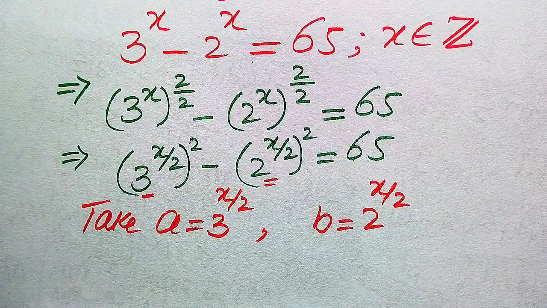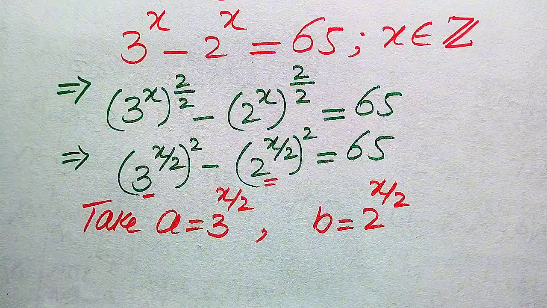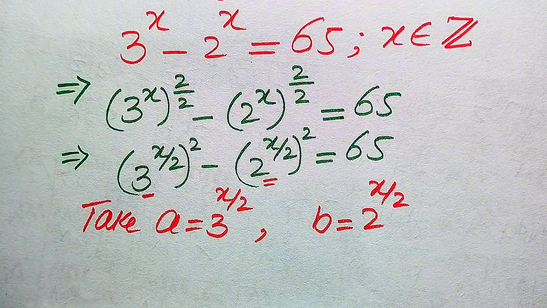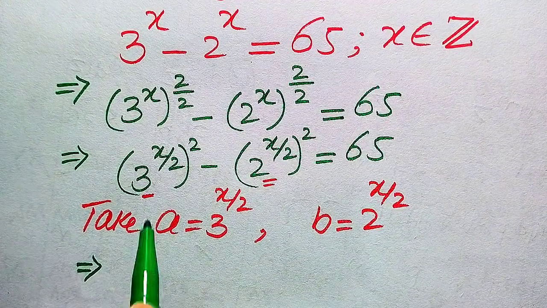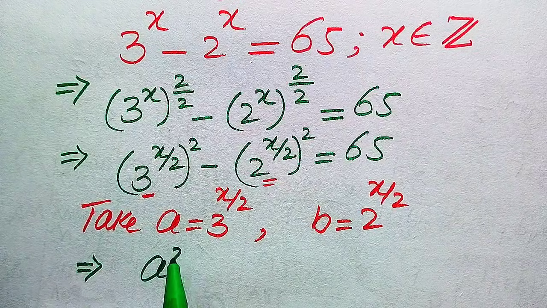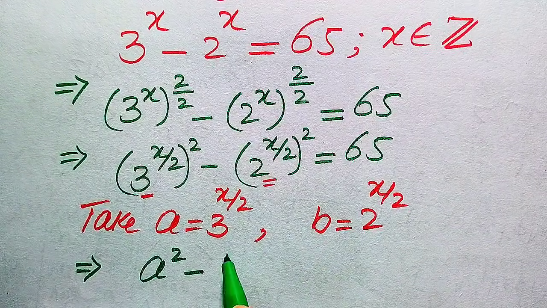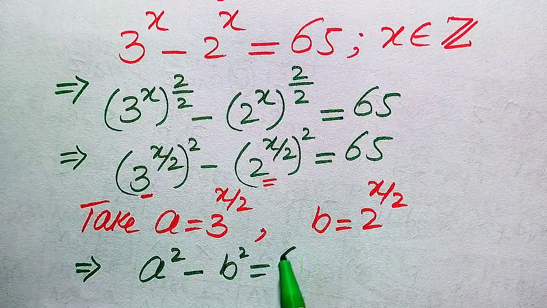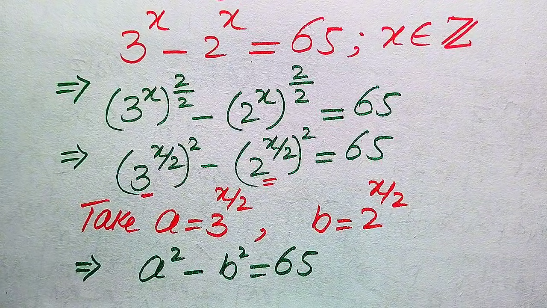Okay, so when we take these two substitutions, our above exponential equation becomes in this form. So when you put it here, it becomes a square minus, when you put this value here, it becomes b square equals to 65.